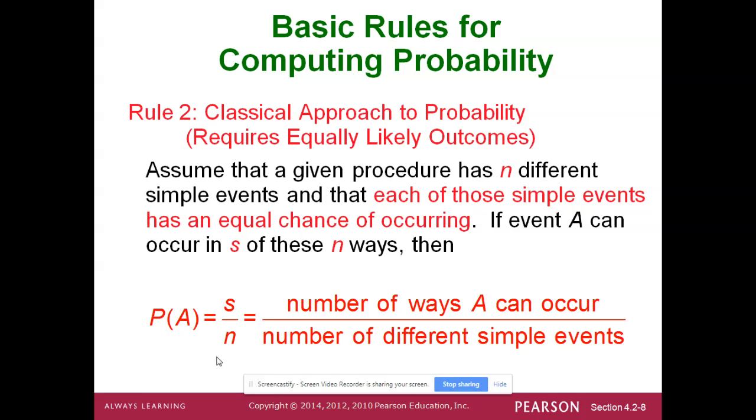So in the different simple events, each of those has an equal chance of occurring. That's highlighted in red for a reason. It's an equal chance of occurring, that classical approach to equally likely outcomes. So if I shuffle the deck and just reach in there and pull out a card, it's equally likely that I pull a heart as it is that I pull a club or a spade, as long as you don't have a bad deck.